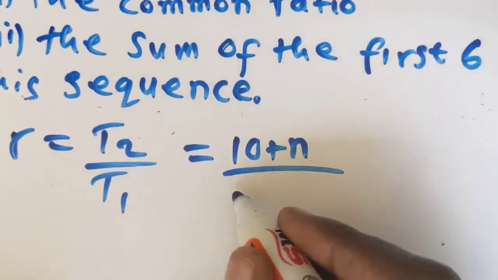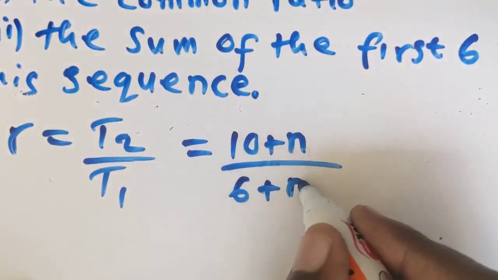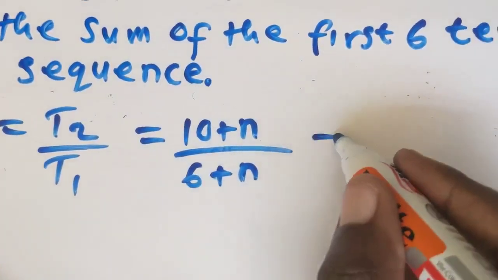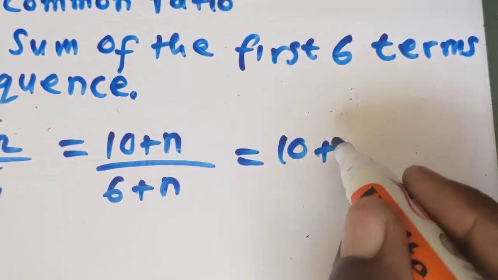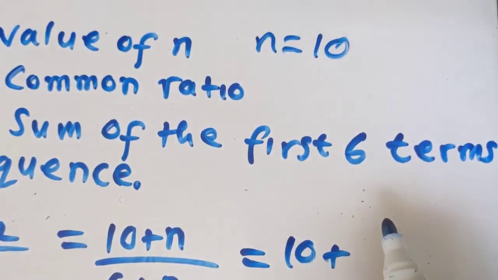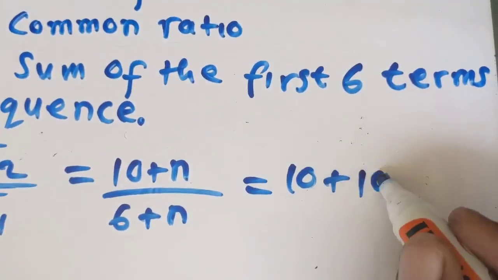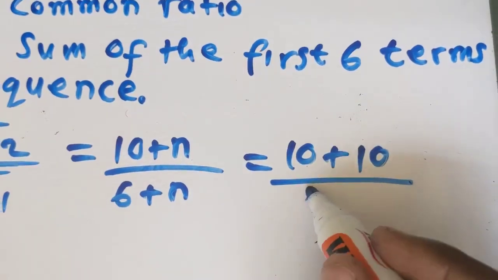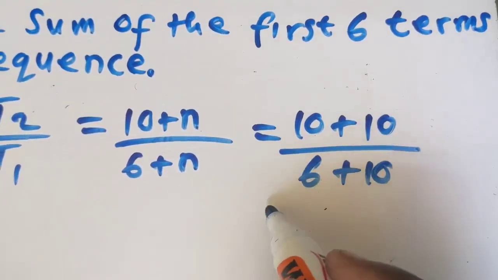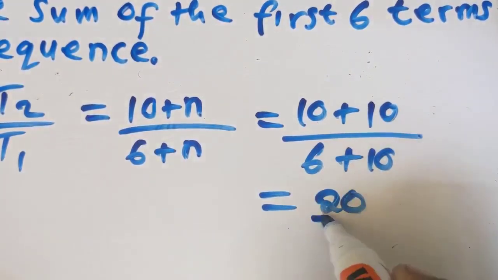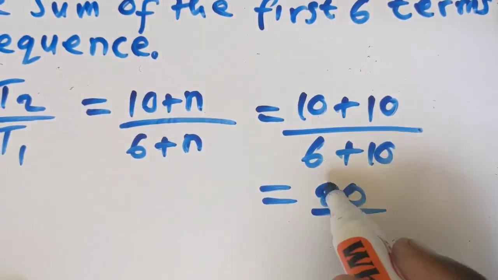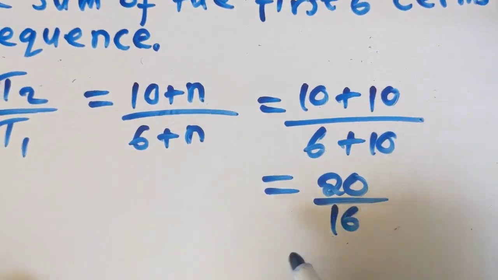We know our n is 10. So we just do 10 plus 10 over 6 plus 10. Then 10 plus 10 is 20, divided by 6 plus 10, which is 16.